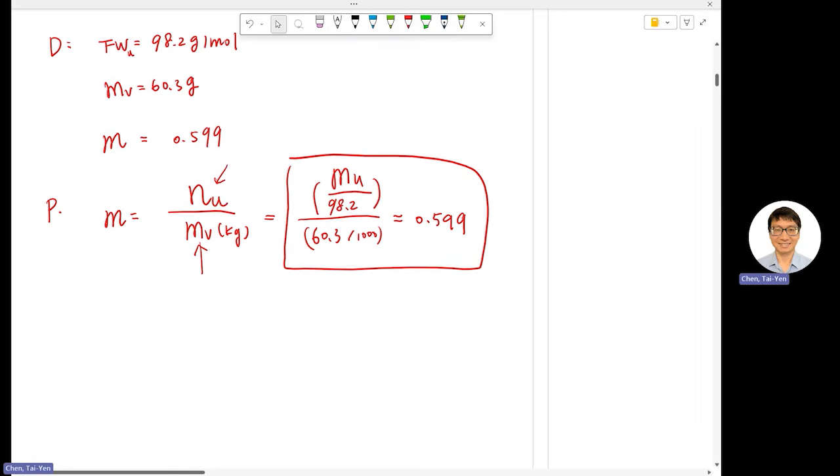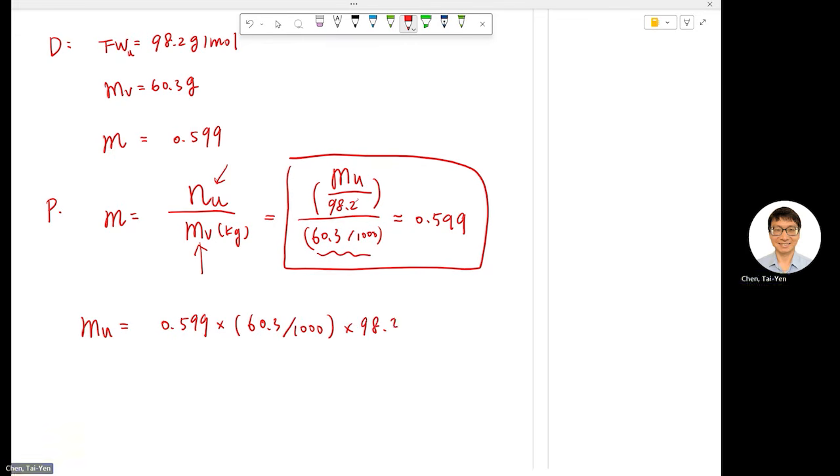So the mass of your solute equals 0.599. I first multiply this on both sides, so there will be 60.3 divided by 1,000. And then I multiply by 98.2 on both sides.